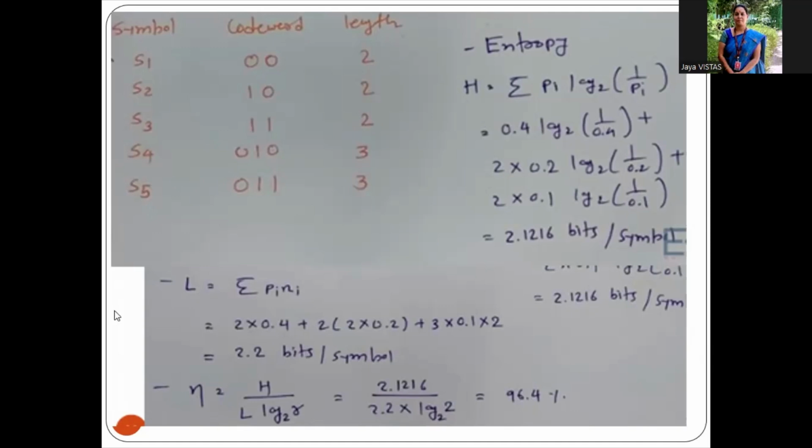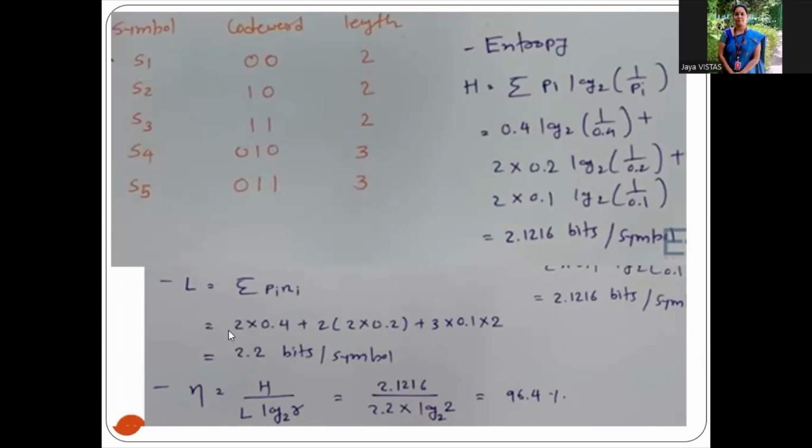Then we can calculate the average code word length. L average is equal to summation of Pi and Ni, where Pi is the probability and Ni is the number of bits in the code word.